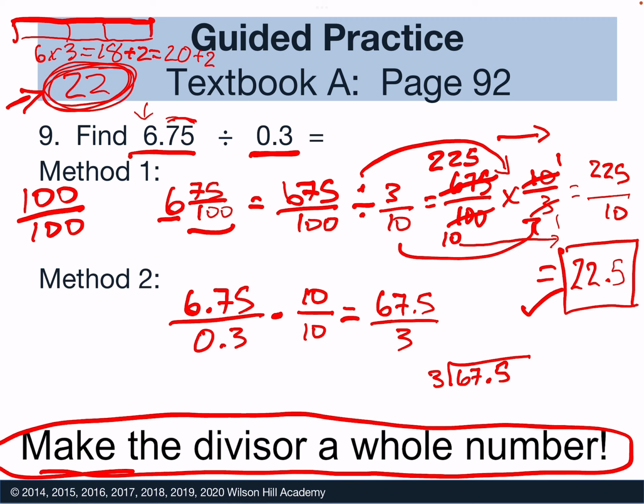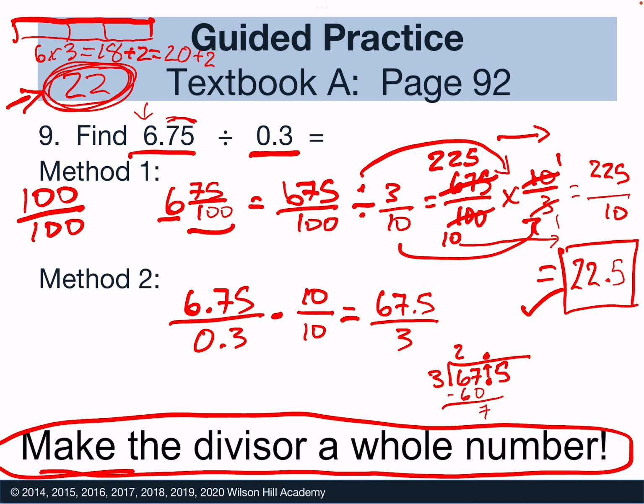And what do I do with this decimal point? Well, I'm going to bring it up. I'm going to stick it there, and now I'm going to divide like it's not even there. Okay? 3 is going into 6 twice, and 2 10s times 3 gives me 60. And so then I'm going to subtract that, and I get 7 left.